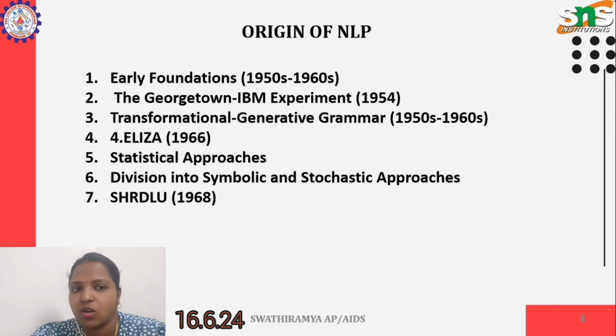The origin of NLP. Do you think NLP started in the late 20s? No, not so. The origin of NLP starts in the early 1950s. In the 1950s and 1960s, the foundation was laid. The researchers were fascinated by the idea of creating a machine that could understand and generate human language.